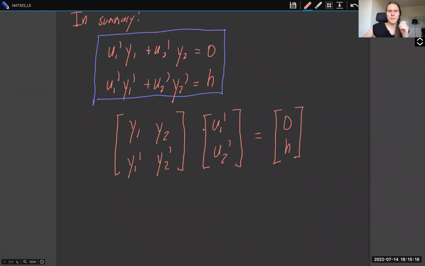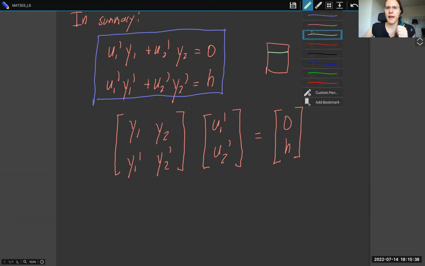Now, the way that matrix multiplication works is that in general, if you have this and then you have this, you do this with this to get that entry.